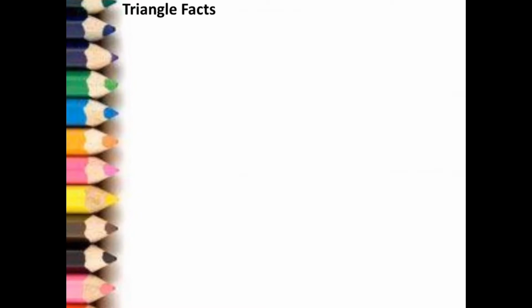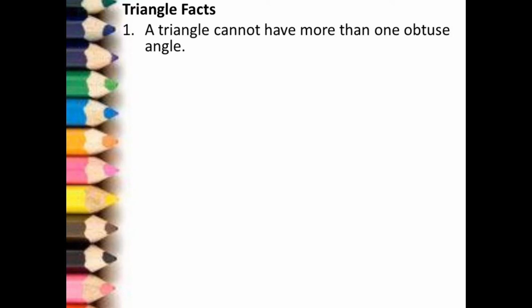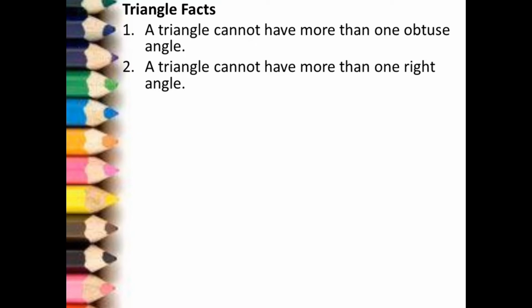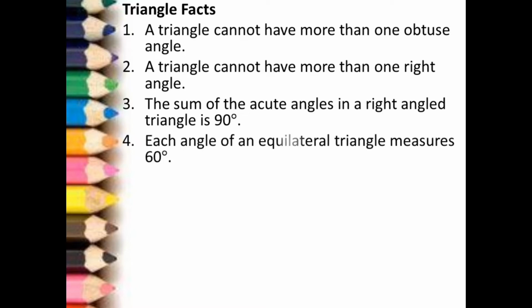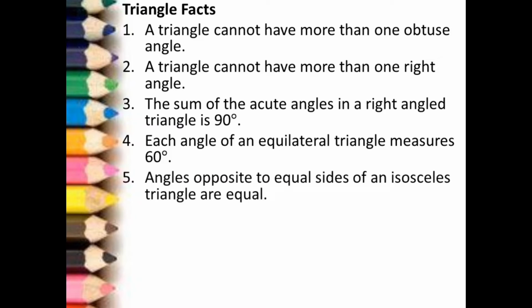Now some triangle facts are given to us, and the first fact is a triangle cannot have more than one obtuse angle. The second fact says that a triangle cannot have more than one right angle. The third fact says that the sum of the acute angles in a right angle triangle is 90 degrees. The fourth fact says that each angle of an equilateral triangle measures 60 degrees. The fifth fact says that angles opposite to equal sides of an isosceles triangle are equal.